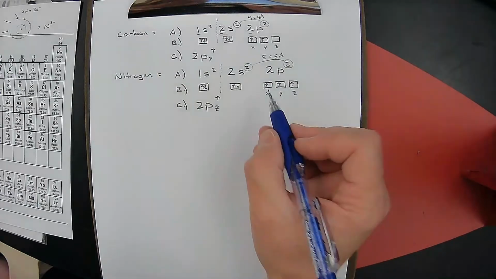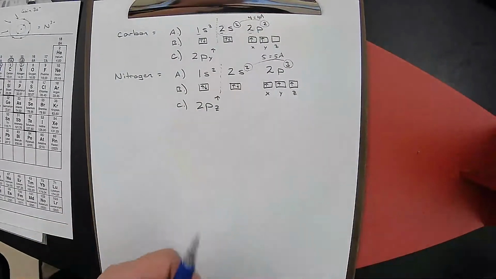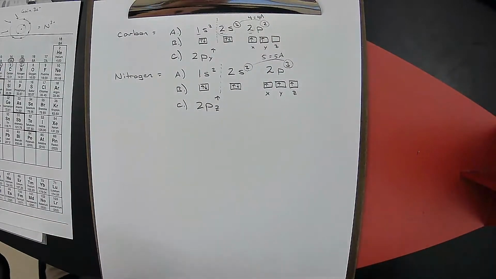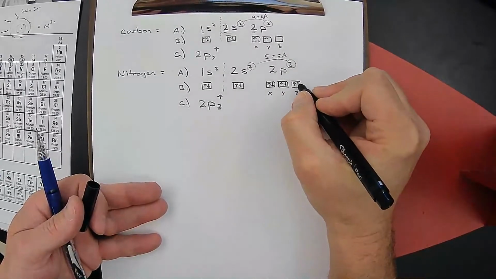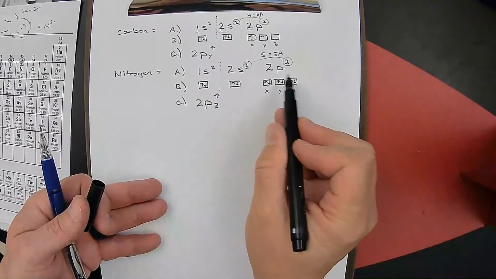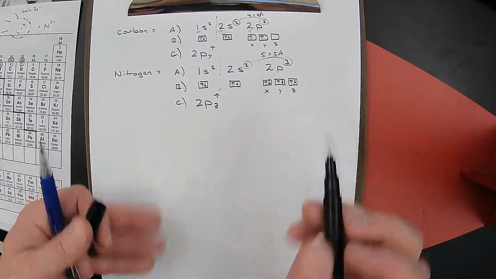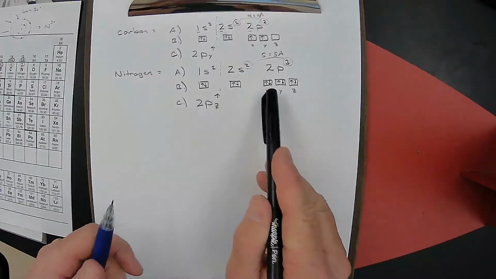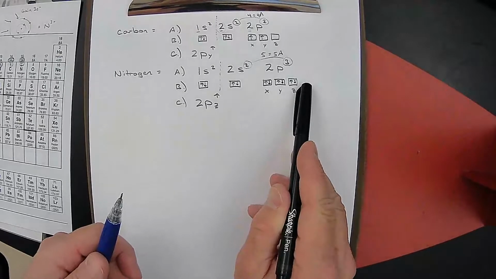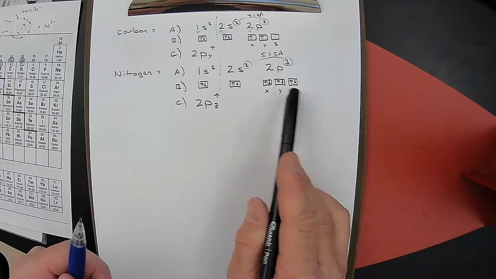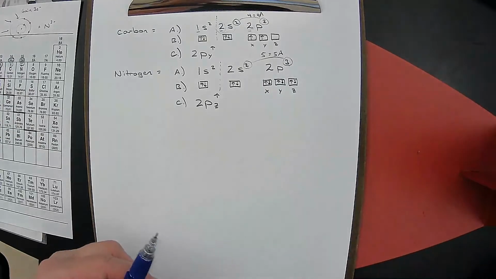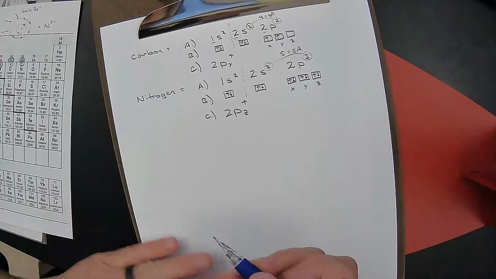Because it wants to put 1 electron here, 1 here, and 1 here. Then all of its orbitals would be full. But don't add those down electrons in right now because all we're doing is looking at the atom of nitrogen. I just wanted to show you what it would look like.